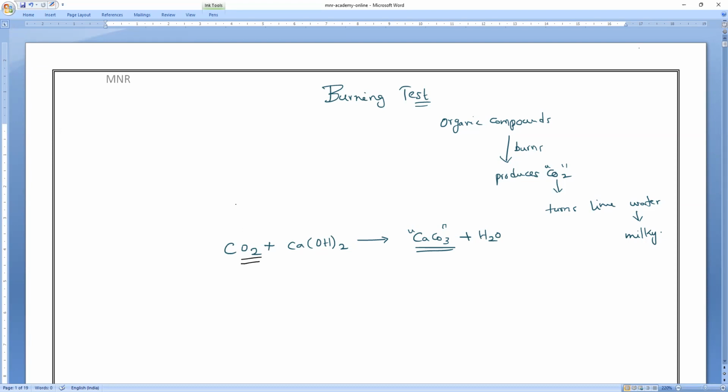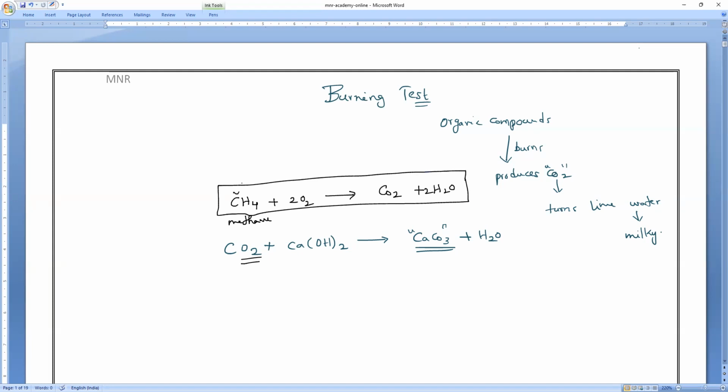That is what indicates that carbon dioxide is being released. If you burn any kind of gas, for example, I have taken methane. If I burn methane, I will get carbon dioxide plus water vapor. So this indicates that methane is a carbon compound.